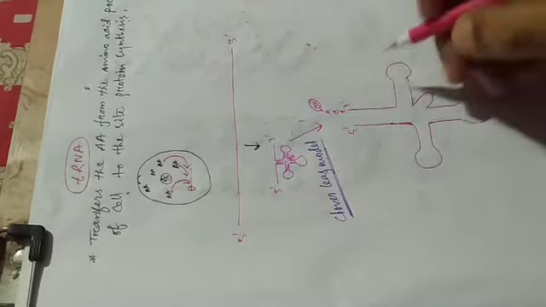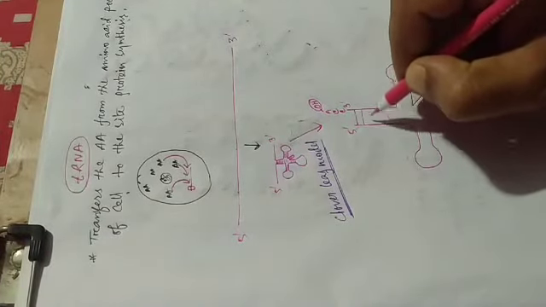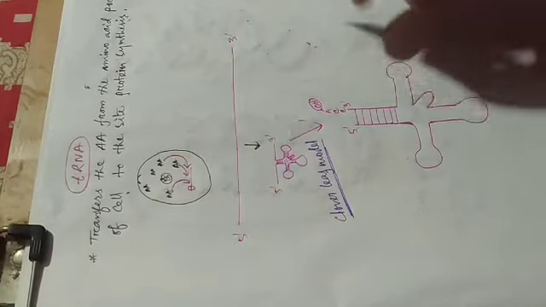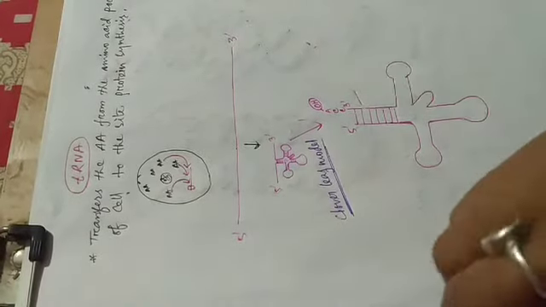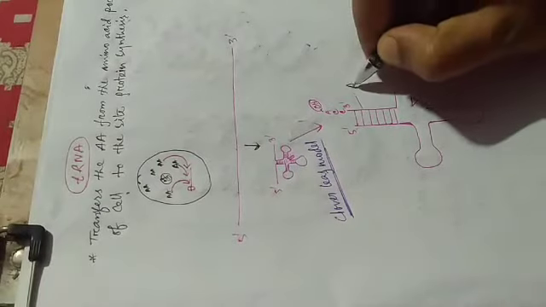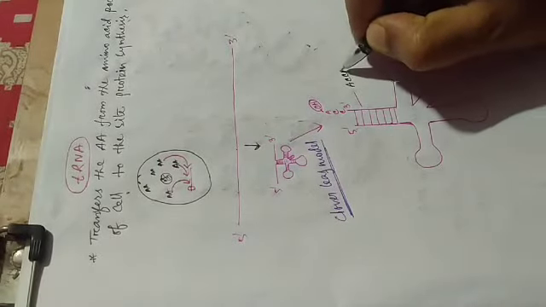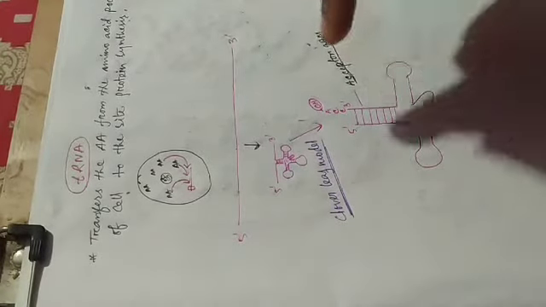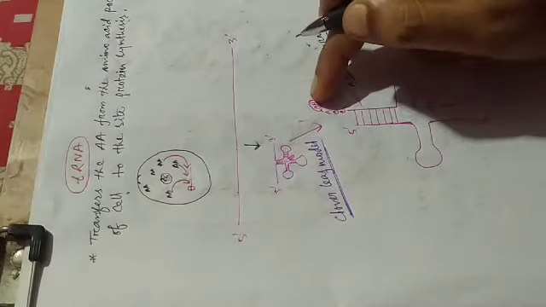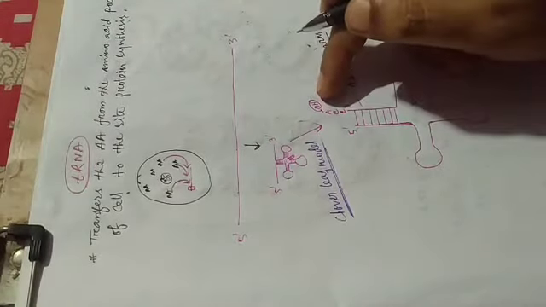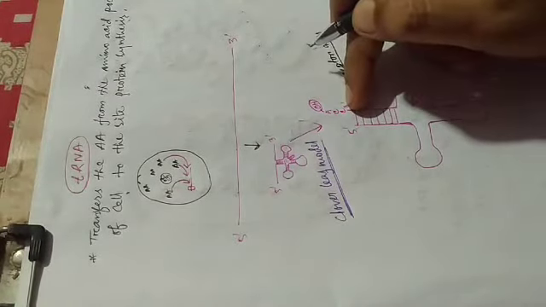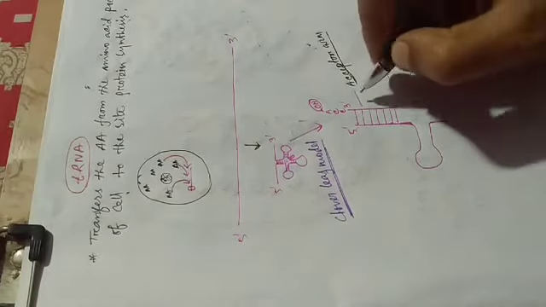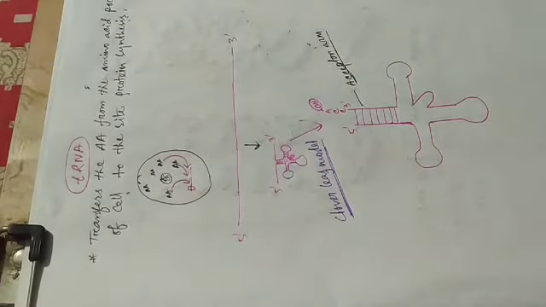For that, this arm of the tRNA is called the acceptor arm, because this arm accepts the amino acid, or this 3' end attaches with the amino acid. Okay, for that this arm is called acceptor arm.